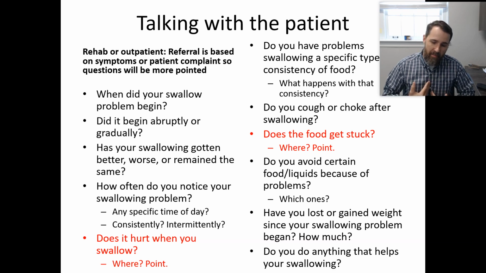So oftentimes, patients with food that is not passing through the esophagus appropriately will still point to their neck, sort of behind the larynx. That's where it's getting stuck. And that's where the UES is.